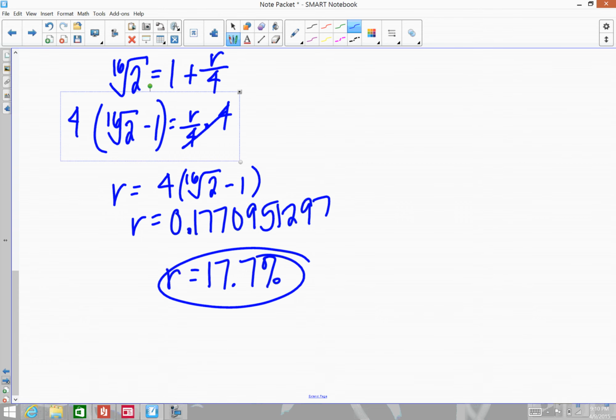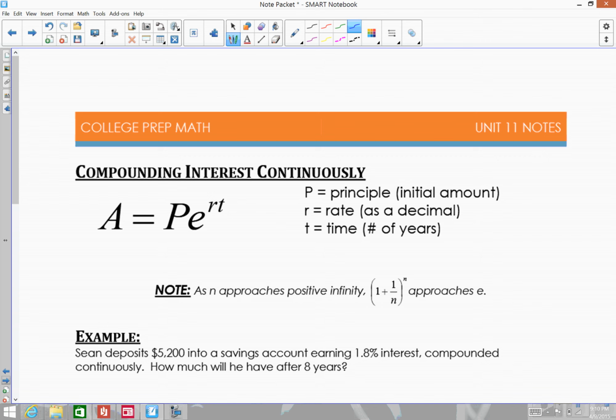So then there's one other type of formula here is whenever you have compound interest continuously. So that just means it keeps compounding. So instead of a certain amount of times, it's just going to keep compounding.